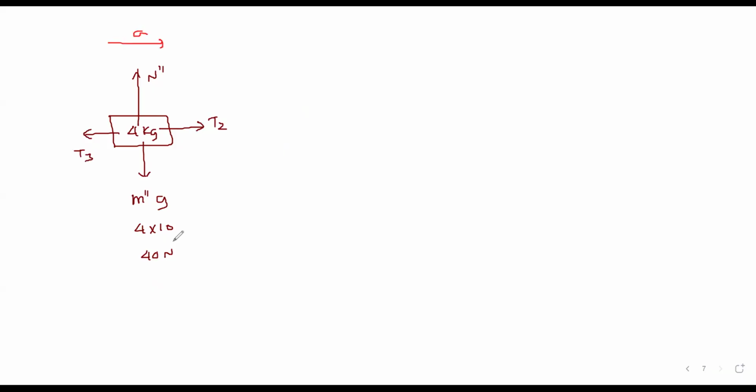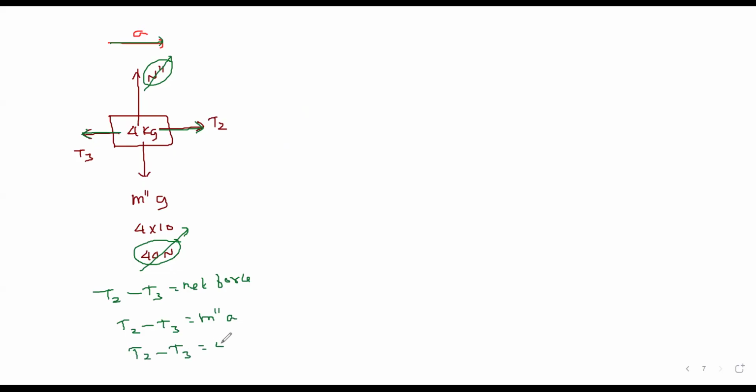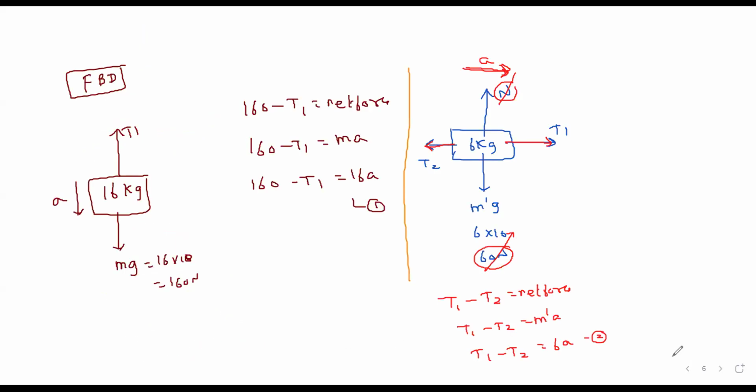The 40 Newton is cancelled by n double dash. So T2 acting this side, T3 acting this side. Since a is acting this side, T2 minus T3 is equal to net force. T2 minus T3 is equal to ma. So T2 minus T3 equals 4a. It is equation number 3.